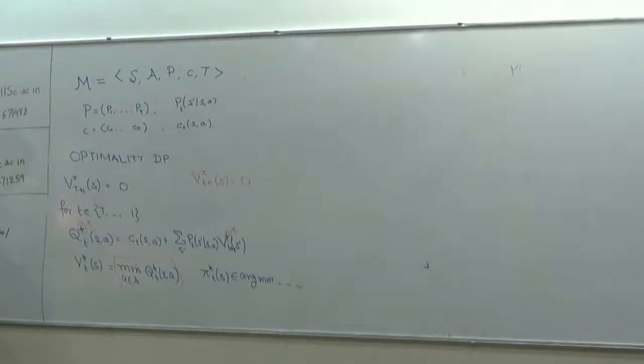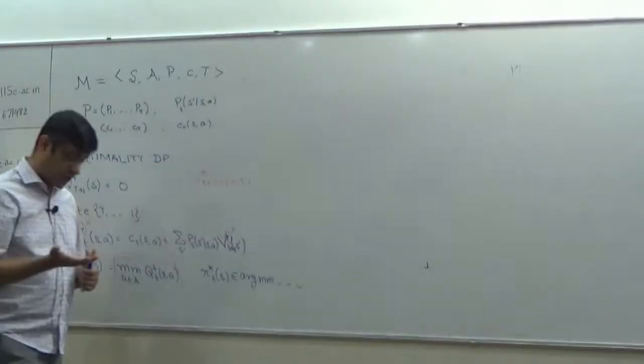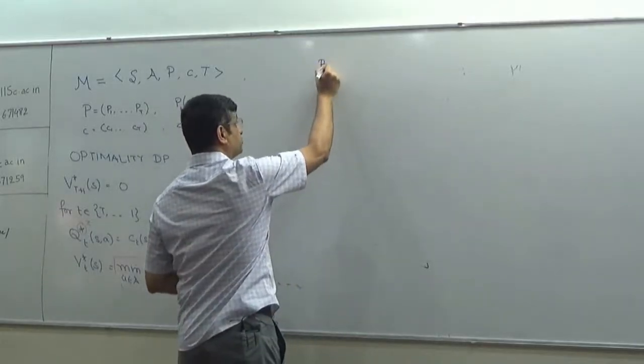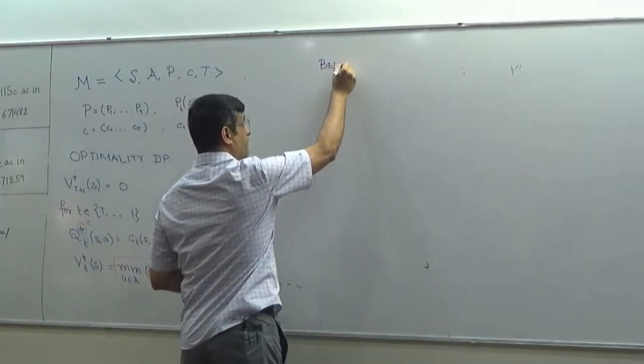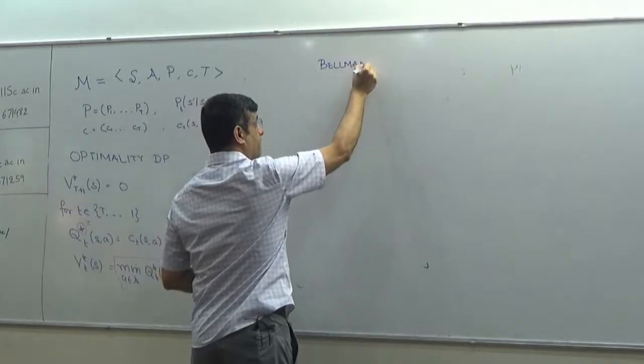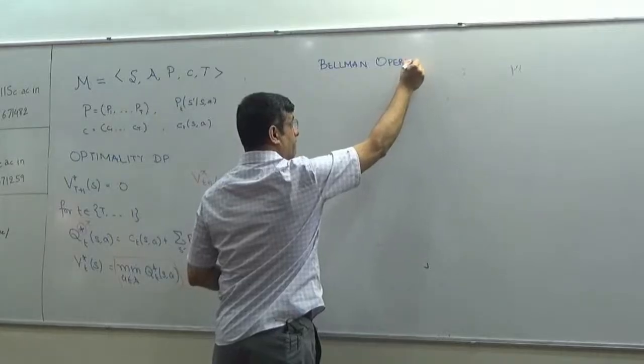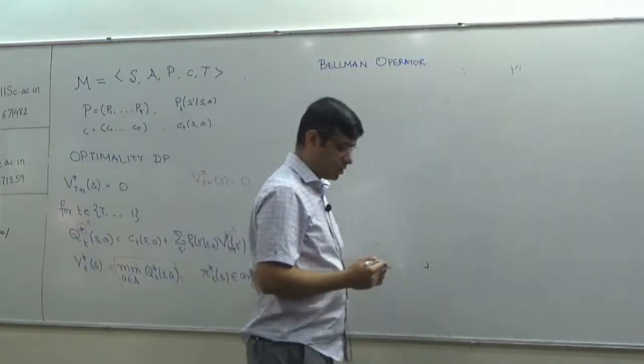In the MDP literature, this is written in a short form using what are called Bellman operators. Typically, this is done for infinite horizon problems.